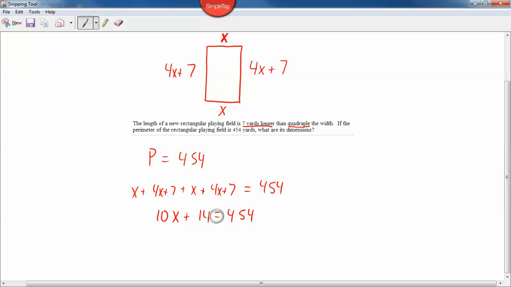To solve for x, you need to get the 10x by itself first. So subtract 14 from both sides. So 10x equals 440. So x equals 44.